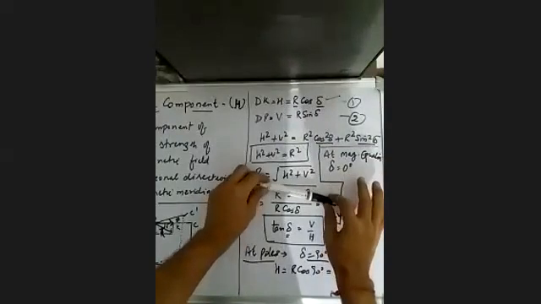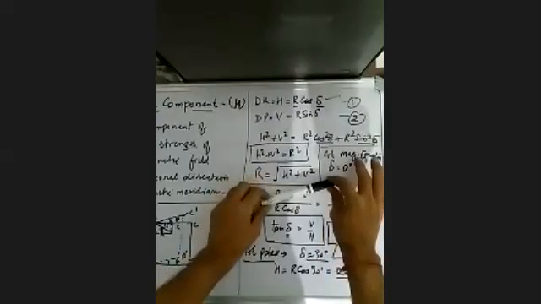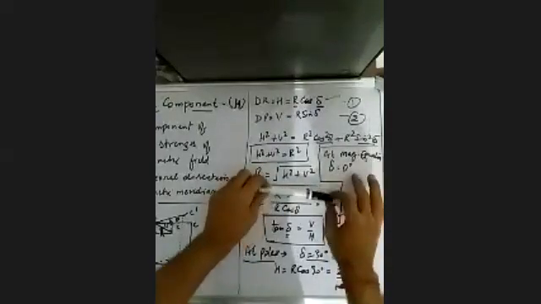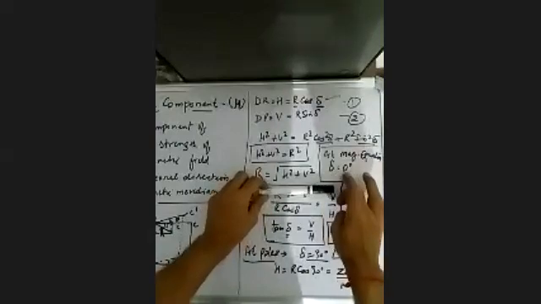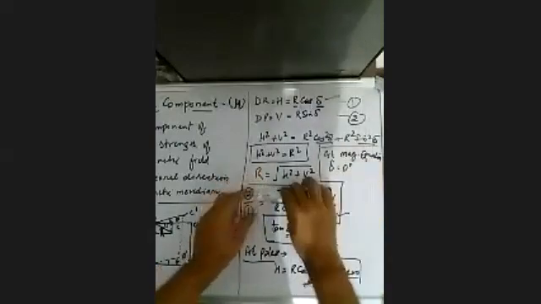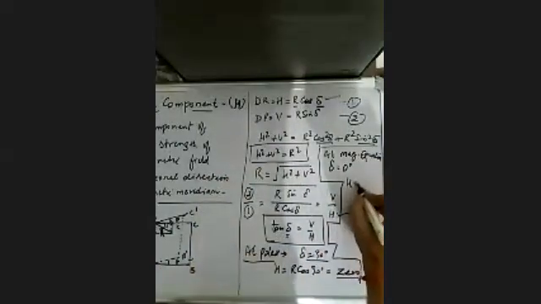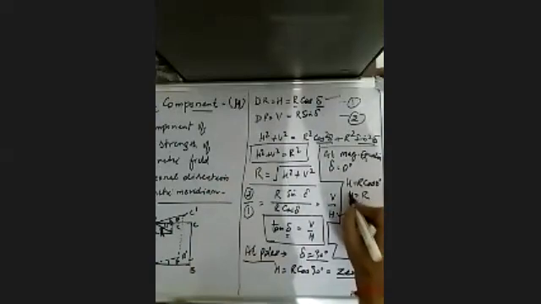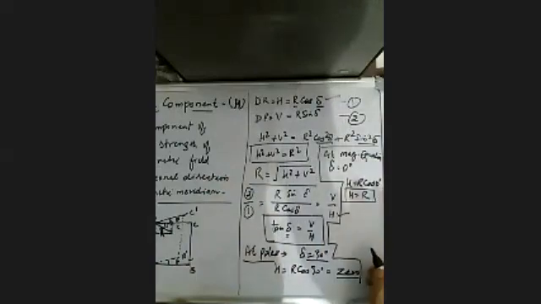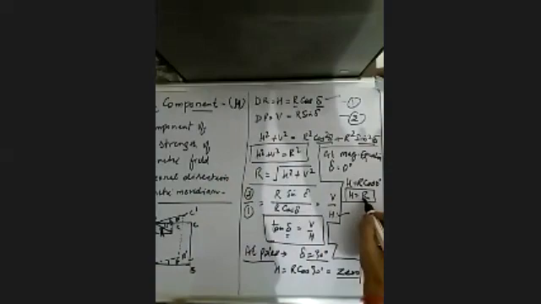Horizontal means the angle of dip is 0 degrees. Therefore, the horizontal component H will be R cos 0 degrees, which is equal to R. So the value of the horizontal component at the magnetic equator is equal to the total field strength of the Earth's magnetic field at that place.